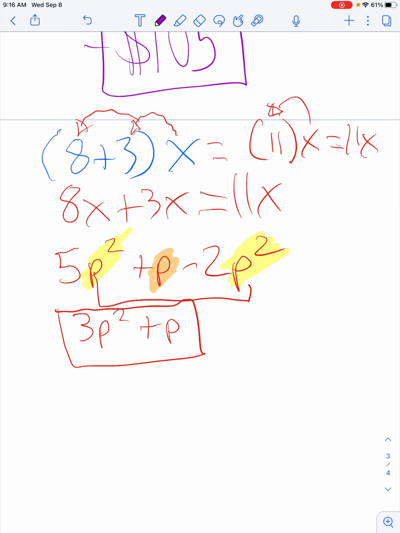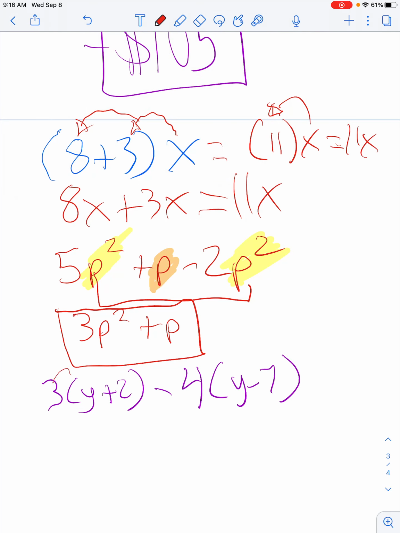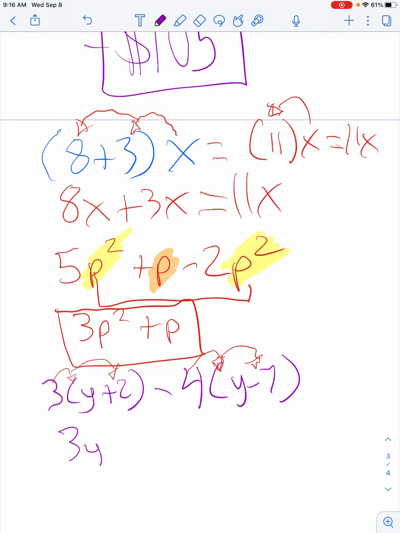Let's see here. We'll just do one last example of these. Let's say I get 3 parentheses y plus 2, subtract 4 parentheses y minus 7. Now, again, if I want to combine like terms, I'm going to have to distribute into each parentheses, okay?